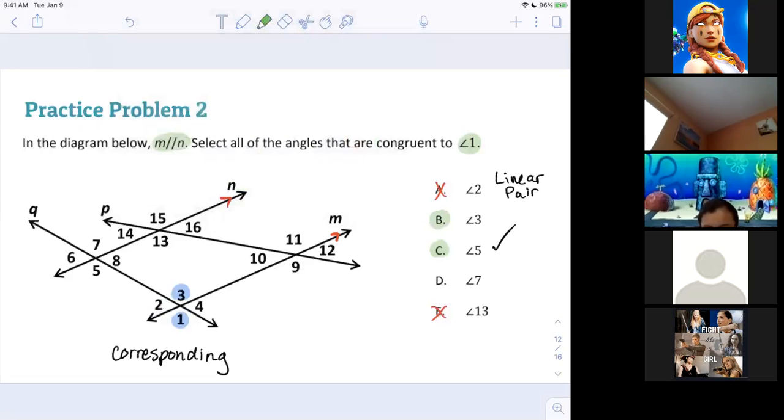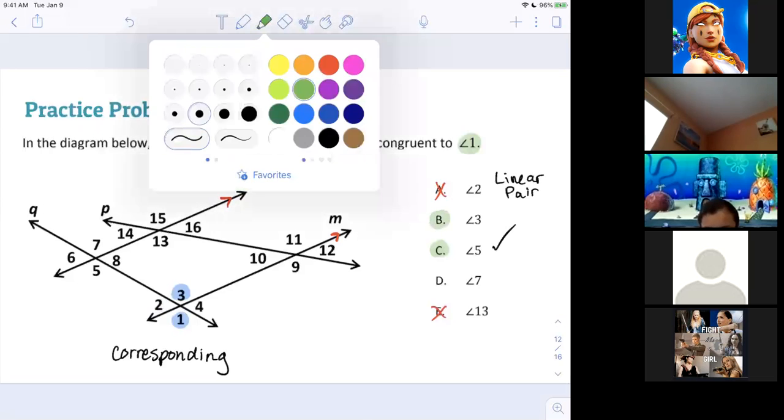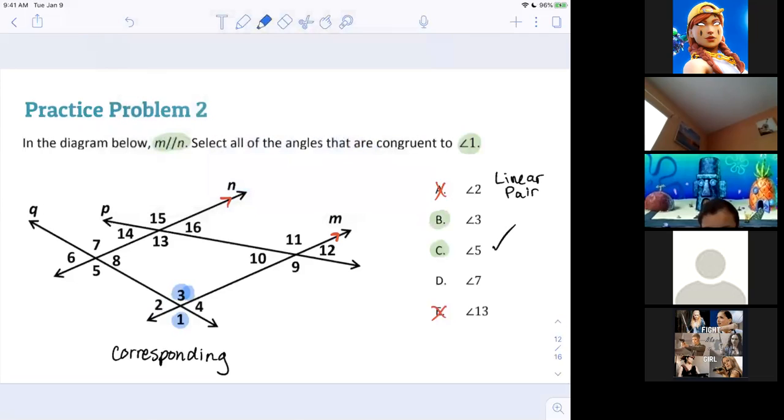Vertical angles are congruent. And then now I have angle 1 and angle 7. Here's angle 7. Are these congruent? Yes. What are those called to each other?